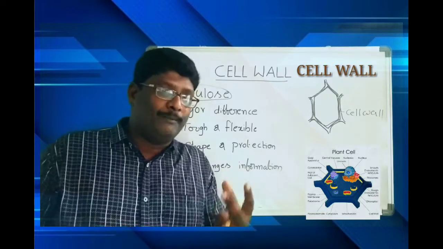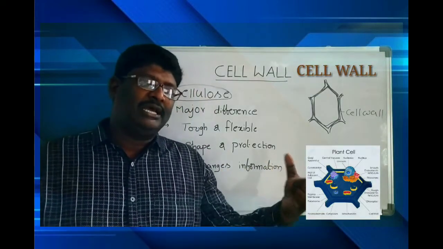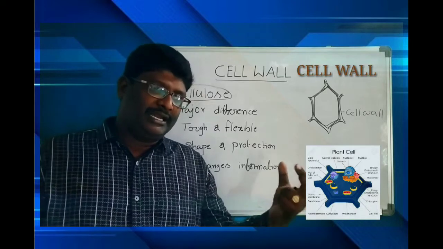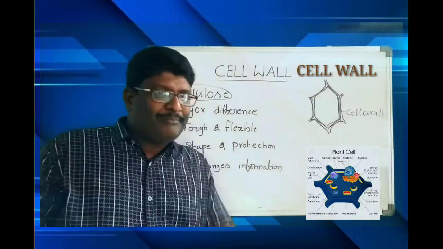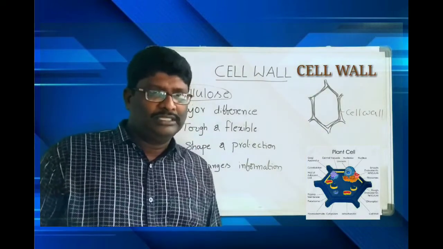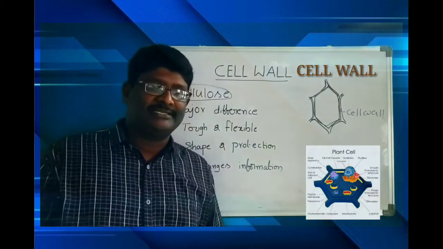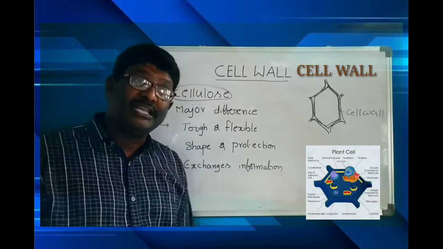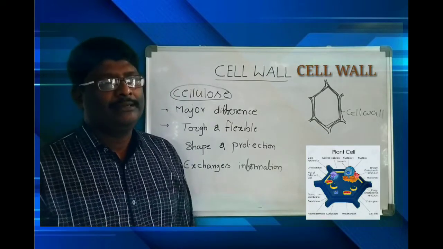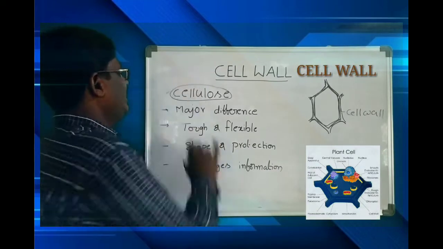That pulp is obtained from the plants. So in the pulp, what is the main component? Do you know? Cellulose. Because of that cellulose only we are getting paper. Okay, right. Next.